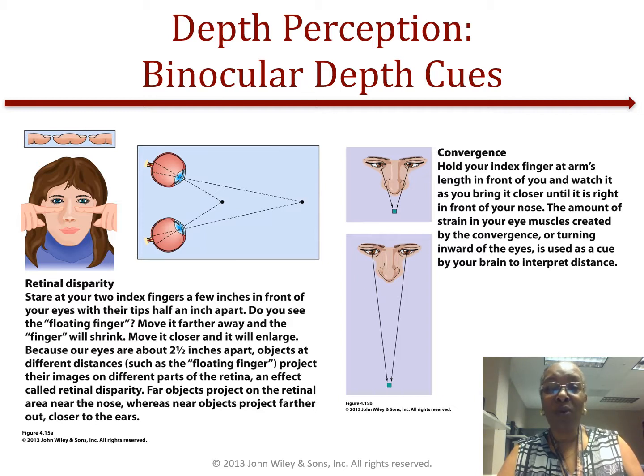What I want you to stop and do is take a sheet of paper and roll it into a nice little tube. While you're holding the tube in your left hand, look through it with your left eye. Then take your right hand and hold it next to the far end, okay?